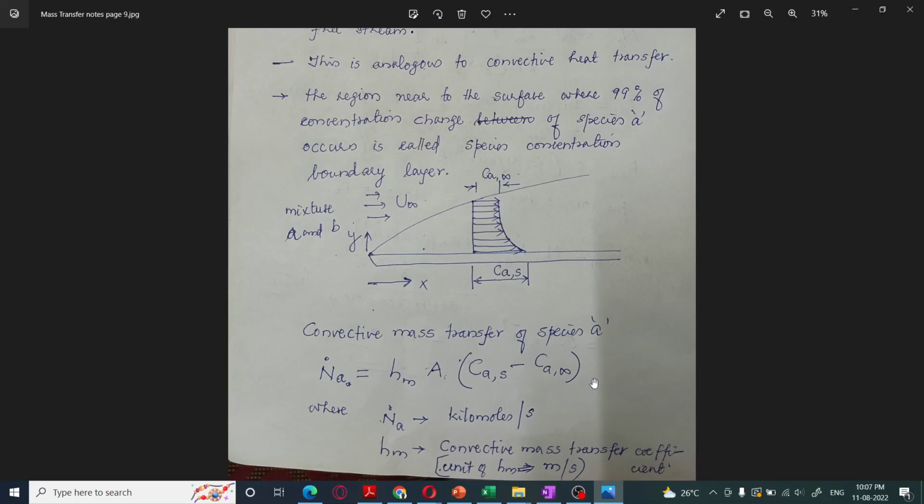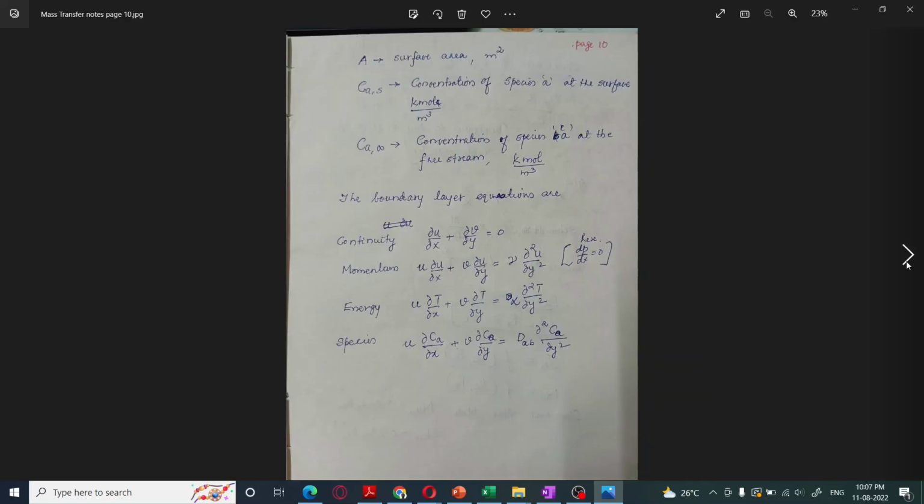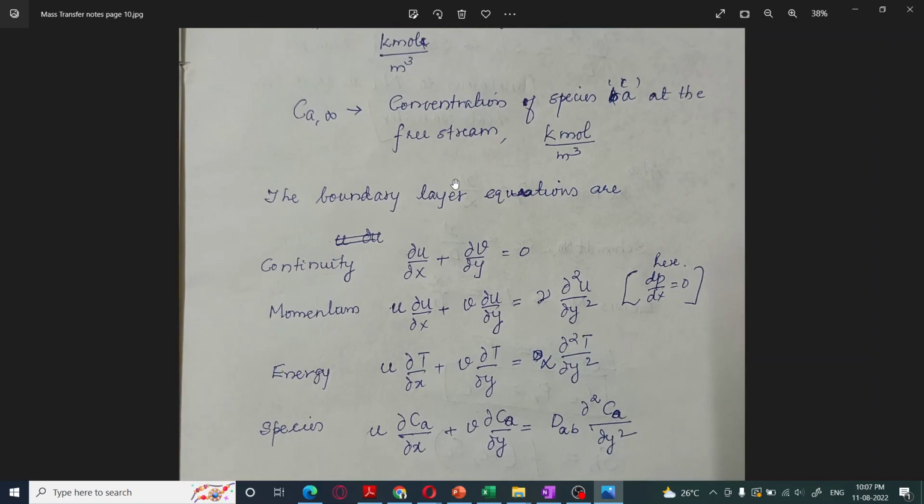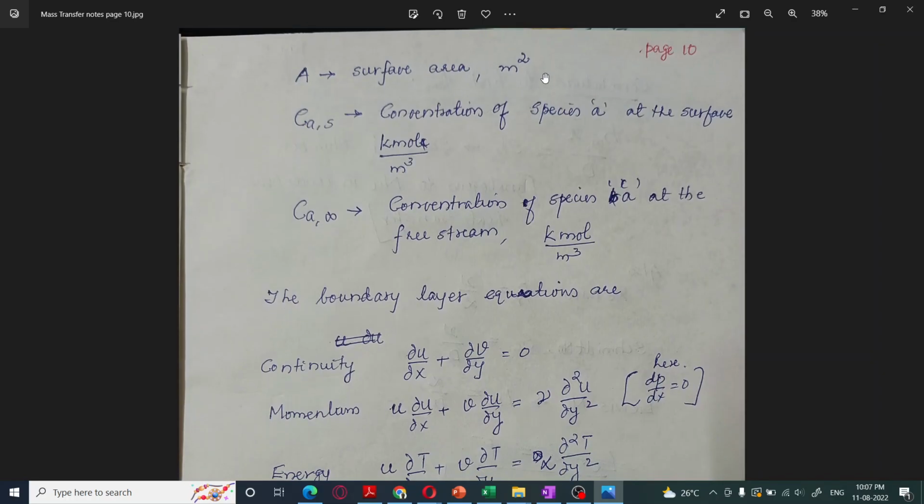Everything is similar. The coefficient is written with a subscript m to show that this is convective mass transfer, and h without m is the convective heat transfer coefficient. A is the surface area from which the convection of the mass takes place. C_A is the concentration in kilomole per meter cube of the species A at the surface, and C_A infinity is the concentration of the species A at the free stream, again in kilomole per meter cube.